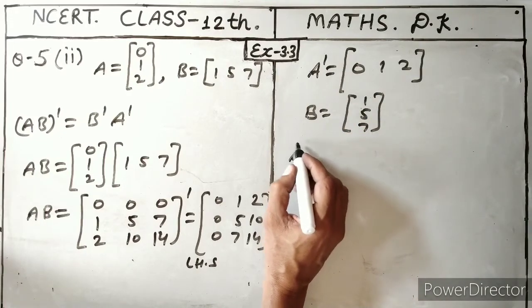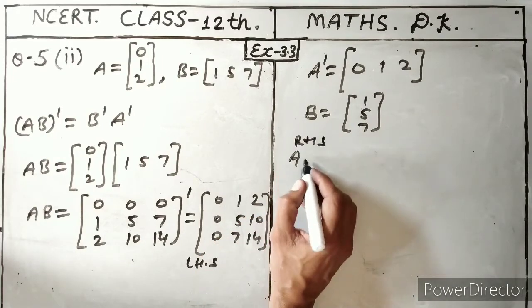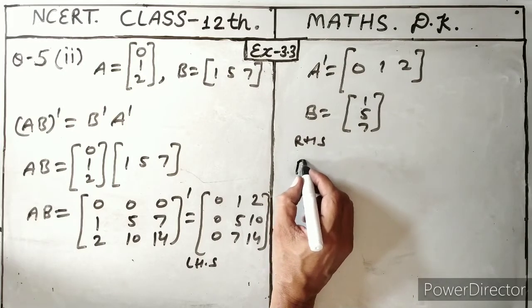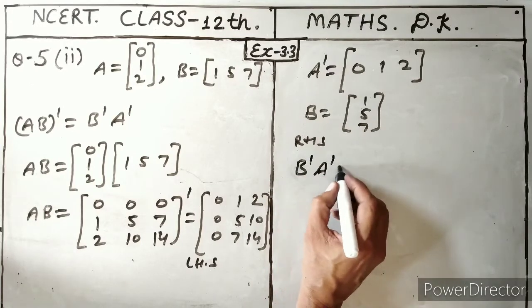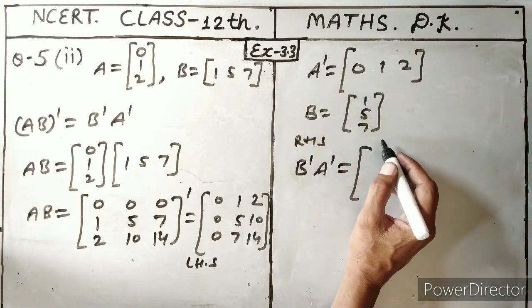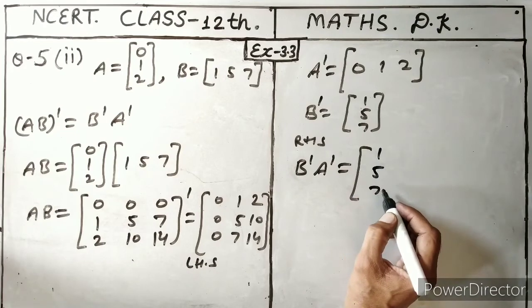And now left hand side here and right hand side here, B transpose and A transpose. This is B transpose 1 5 7.